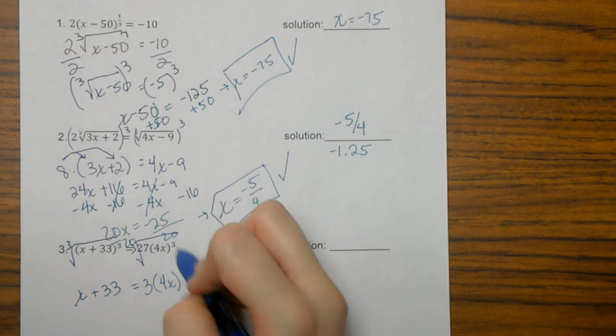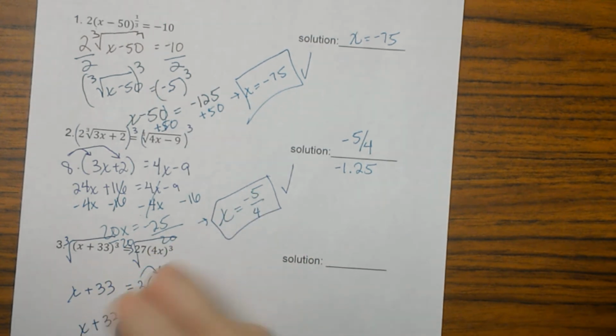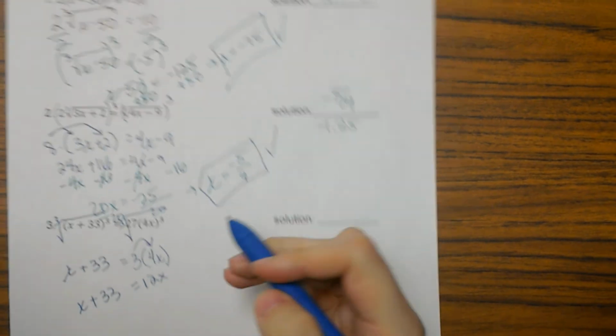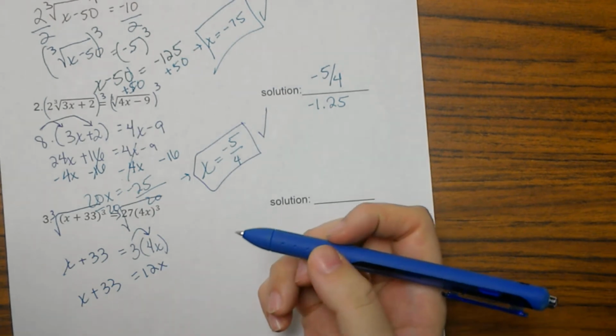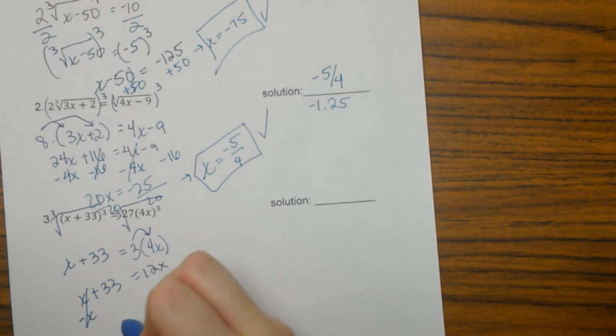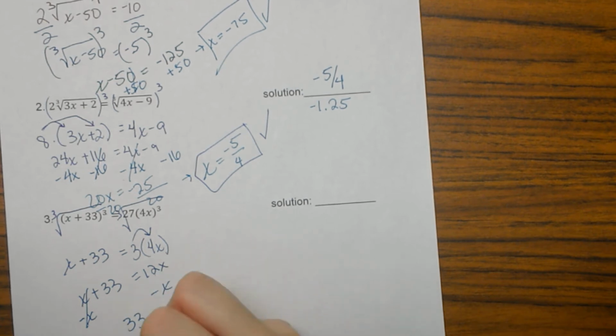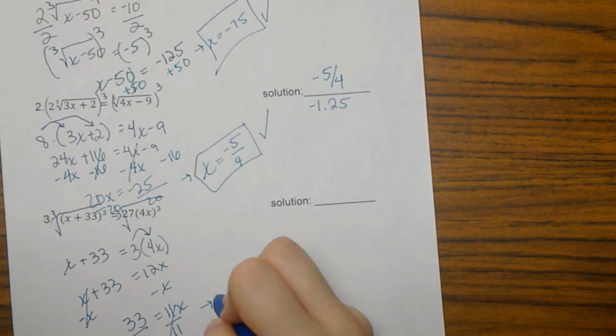Because the cube and the cube root undo each other and leave me what's inside of the cube. Now I'm going to distribute. So I get x plus 33 equals 12x. And I have more x's on the right side. So now I have 33 equals 11x. If I divide by 11, I get that x is 3.